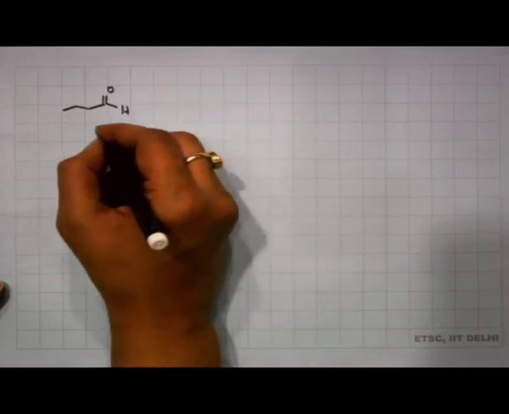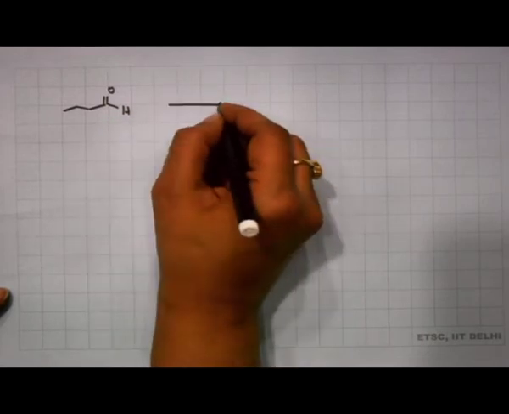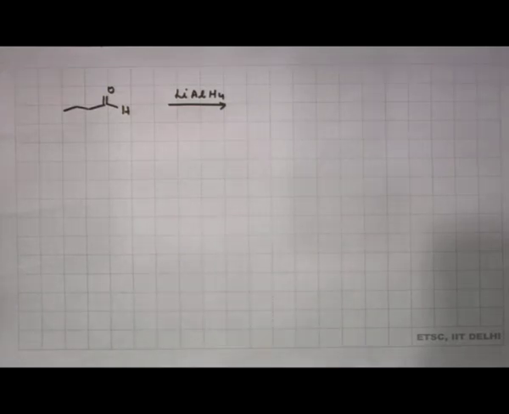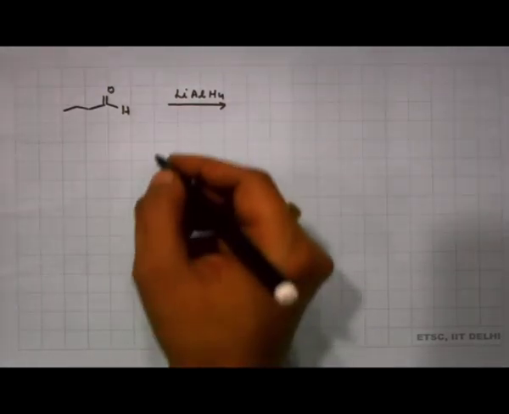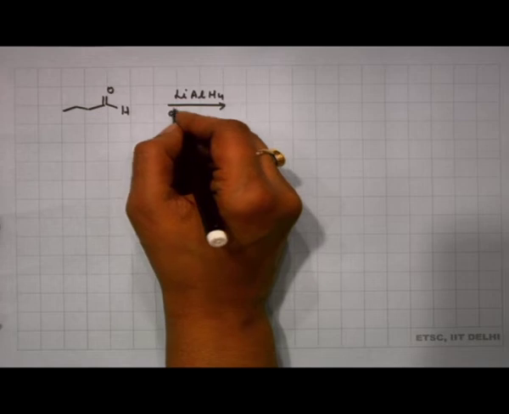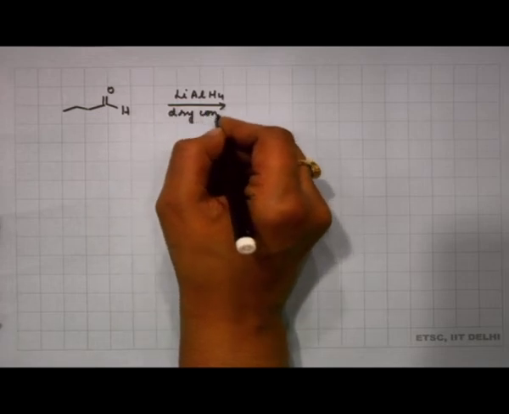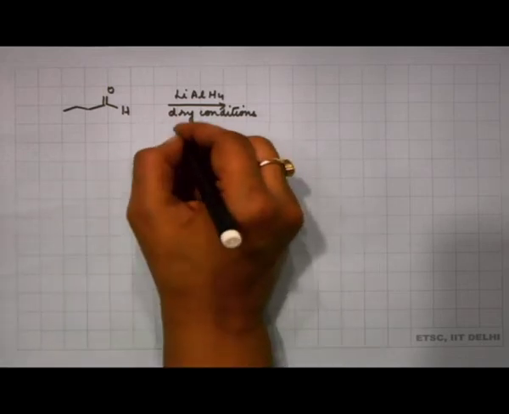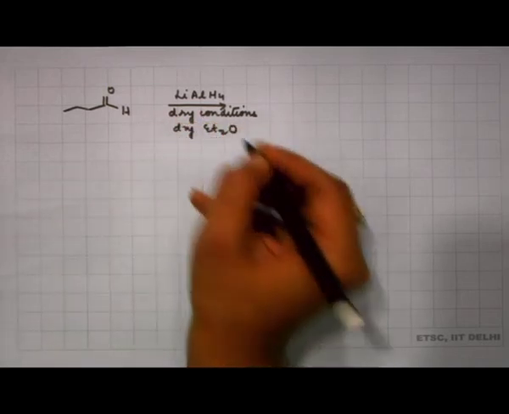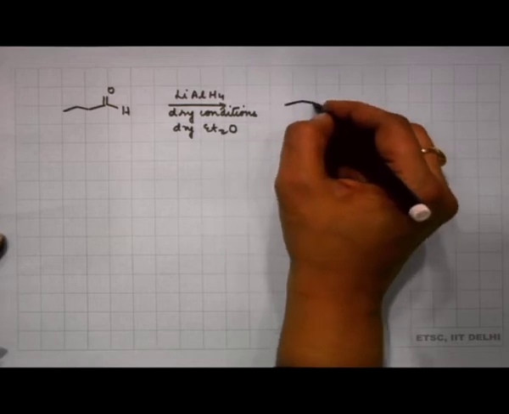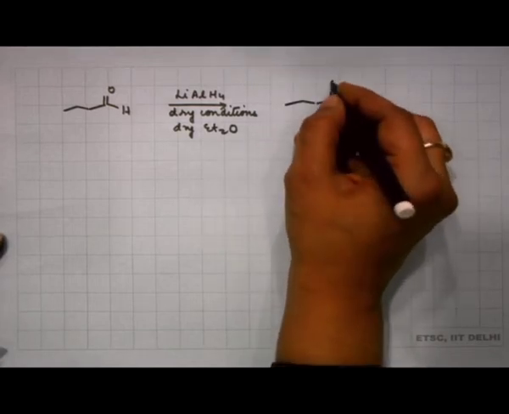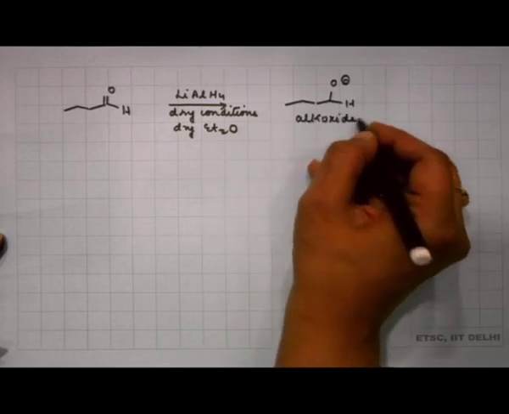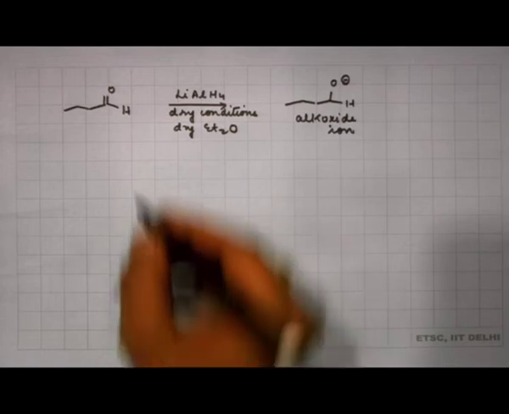If you have an aldehyde and you treat it with lithium aluminium hydride, the first step has to be carried out under dry conditions, with dry ether or dry THF. The first step is the reduction, which gives you the corresponding alkoxide anion.